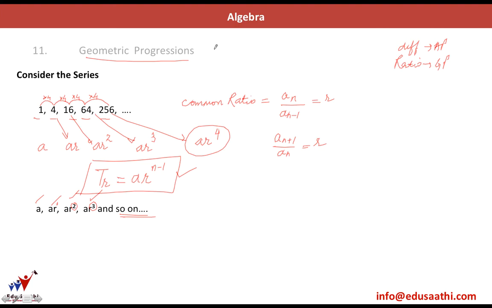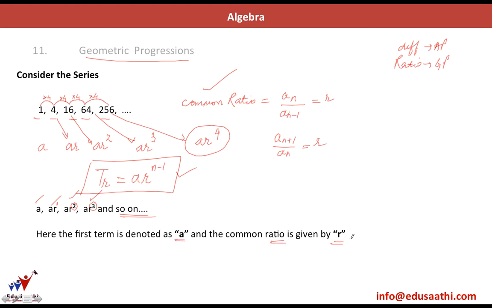The consecutive terms have a common ratio in between them instead of a common difference. Here the first term is denoted by a, and the common ratio is given by r. So in general, I write a term as ar raised to power n minus 1. This is how I write the general term of a geometric progression.